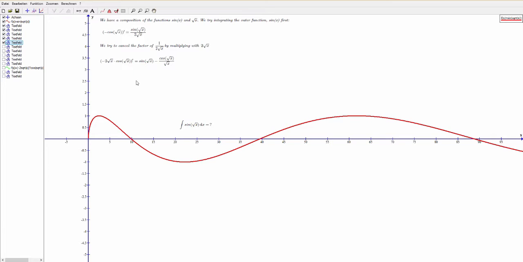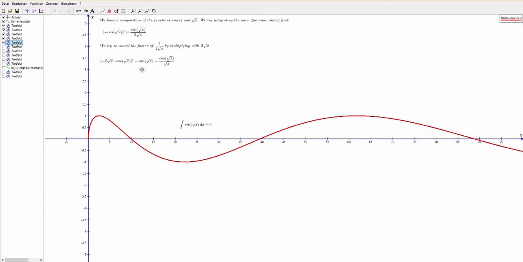At first, what we get is minus 2 square root of x times the derivative of cosine of square root of x, which is just minus sine of square root of x divided by 2 square root of x, and that multiplied by minus 2 square root of x just leaves us with sine of square root of x, which is exactly what we want.